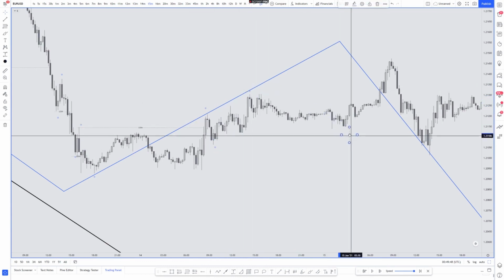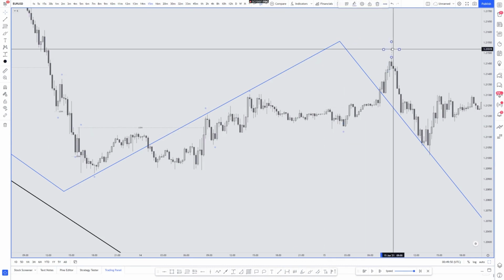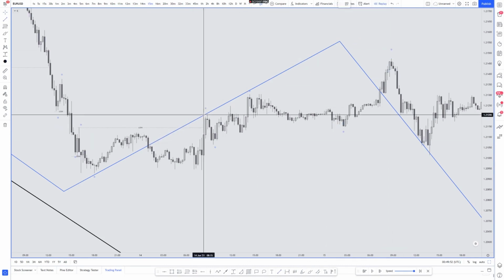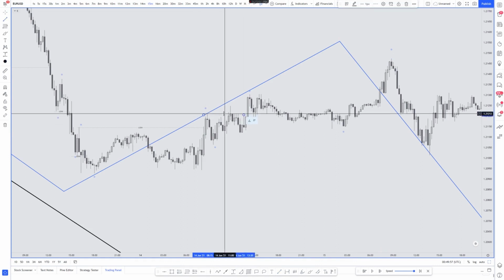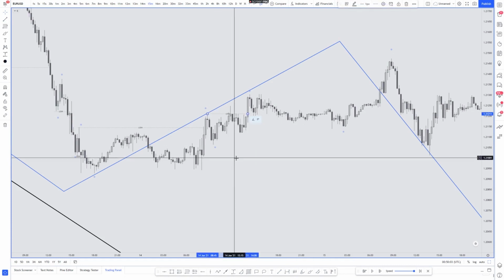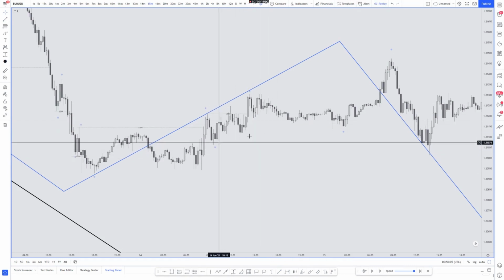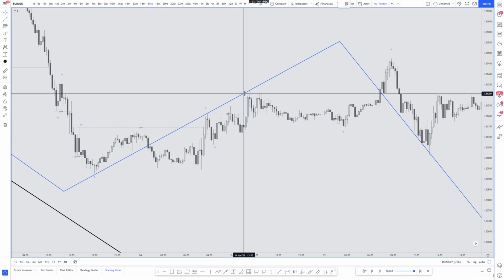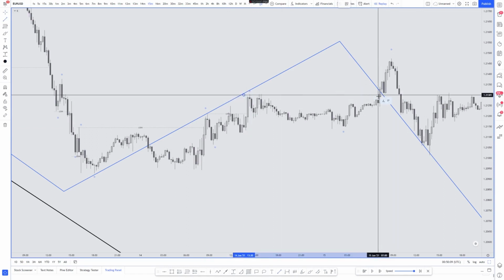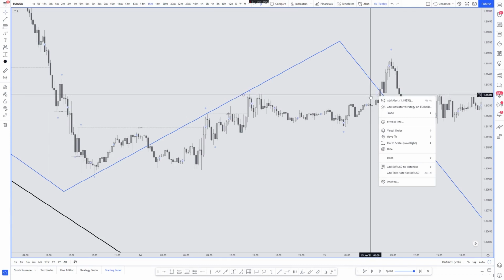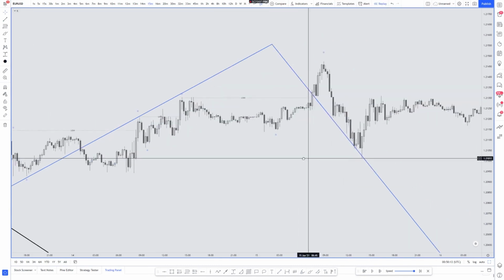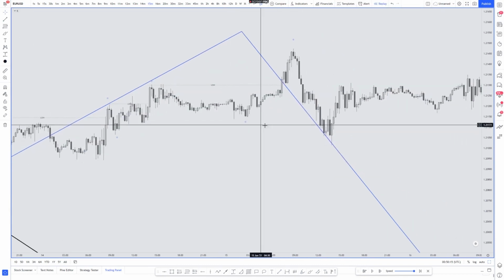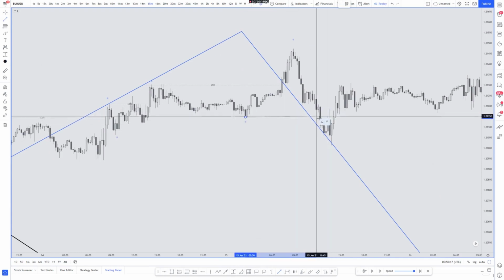And ultimately, this would be your structure points here. Minute structure. Have another structure point here. And your low gets violated here.